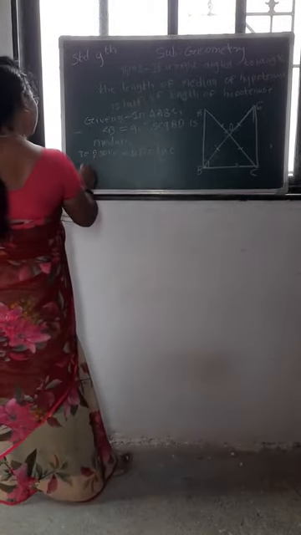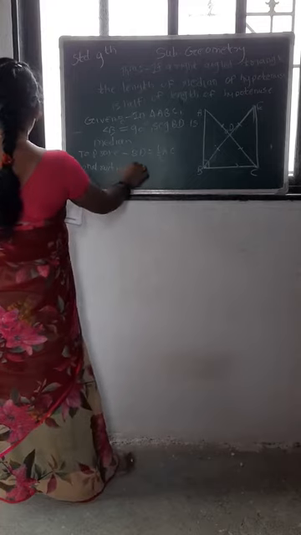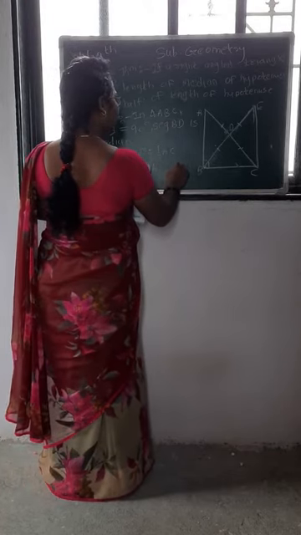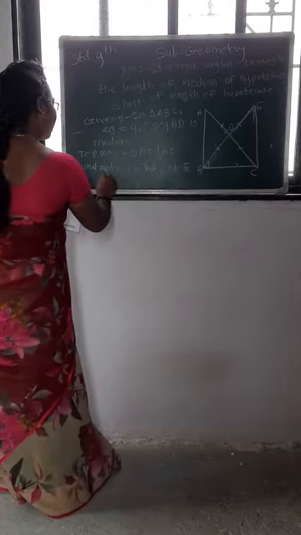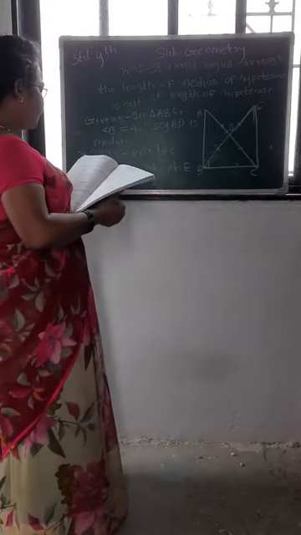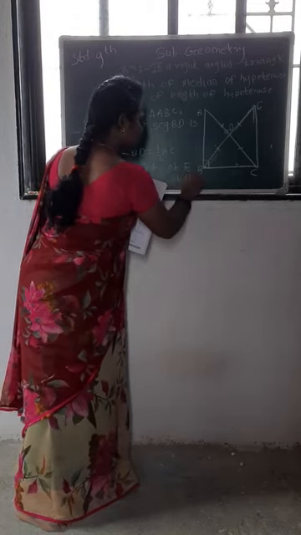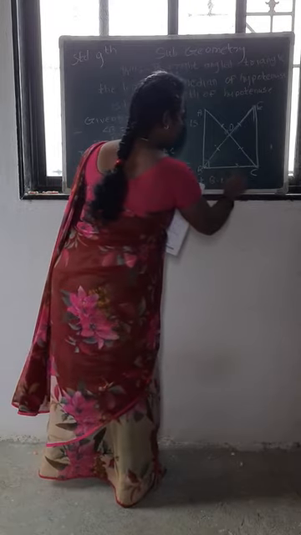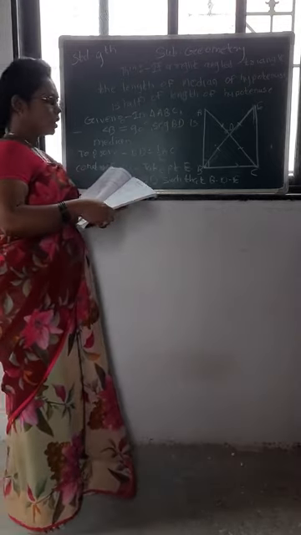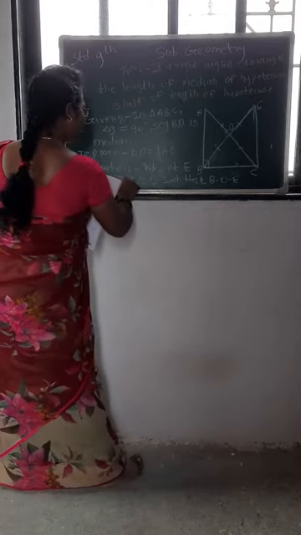Then the proof. First, the construction of this theorem: take point E on the ray BD such that B, D and E are collinear, and the length of BD is equal to the length of DE.